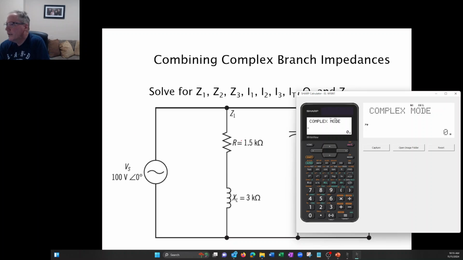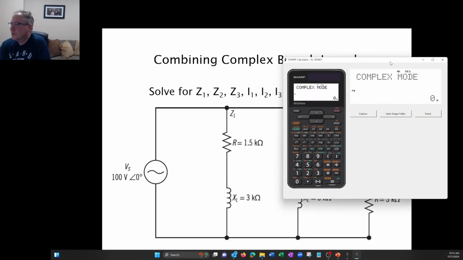And so this first impedance here is going to be 1.5K at an angle of 0, so I'm going to just leave that off, plus 3K at an angle of 90, because that's an inductor. So Z1 is going to equal 3.35K at an angle of 63.